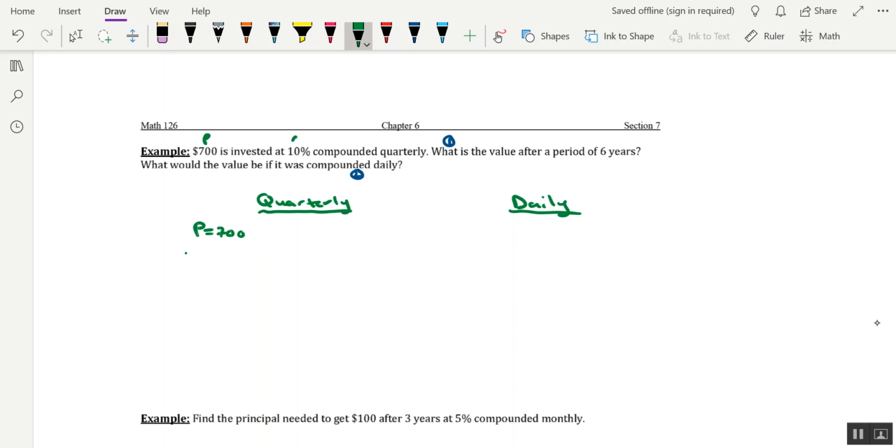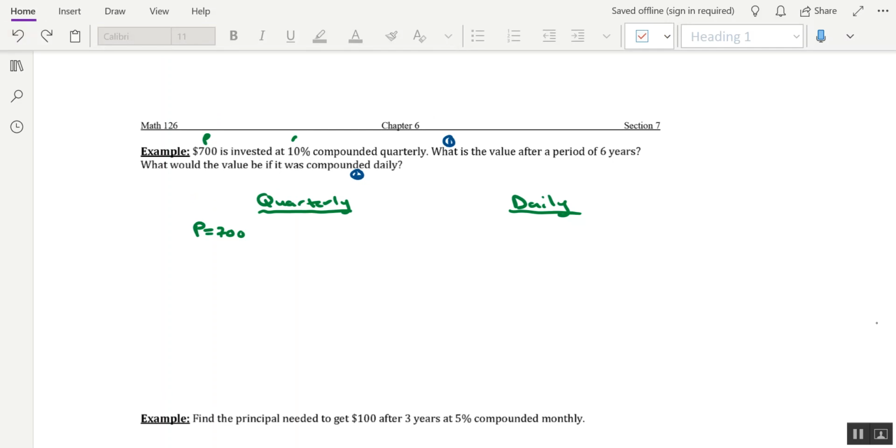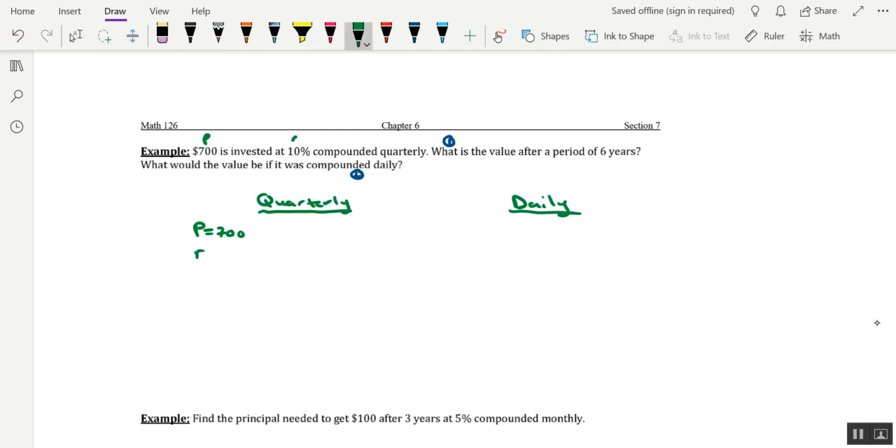That's a value of R. But of course, instead of 10%, we want to use 0.10. Compounded quarterly, that gives us a value of n equaling 4, and then a period of 6 years in the first question, and we'll assume that period for the second question as well, so t equals 6.